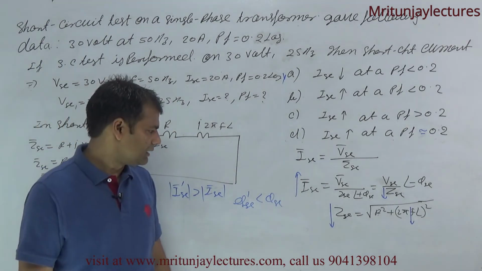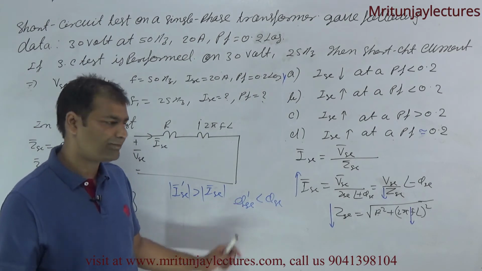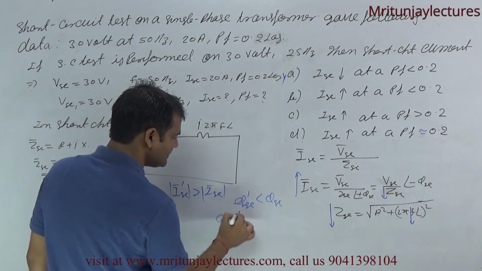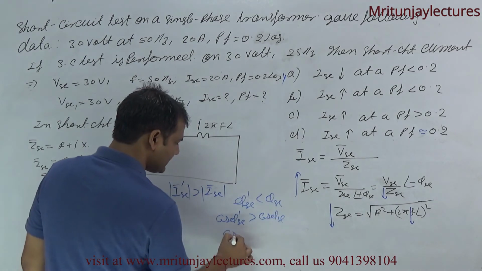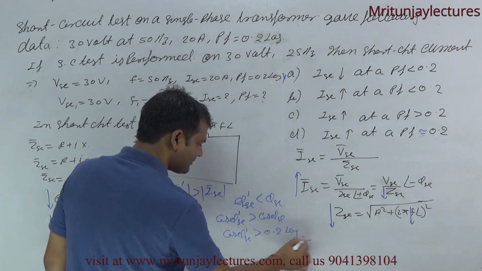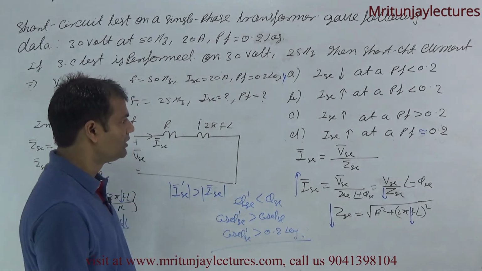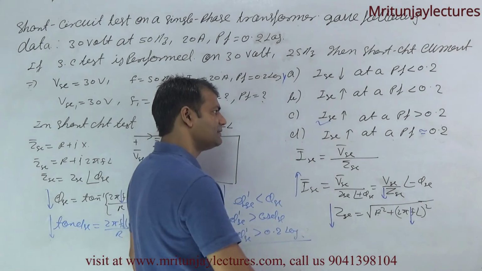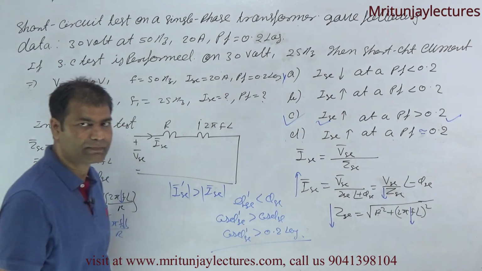If this is 30 degree, it is now less than 30 degree. What about cos phi SC? Phi SC dash is less than phi SC, so cos phi SC dash is greater than 0.2 lagging. So which option is correct? ISC increases, and the power factor also increases. Is it clear?